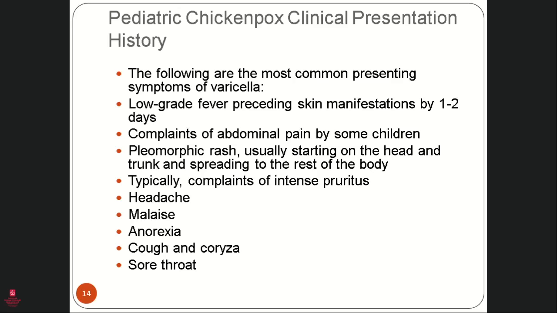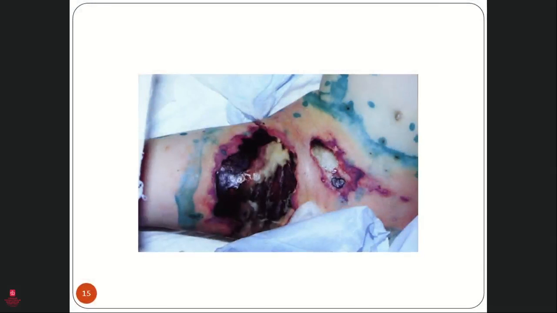Children typically complain of intense pruritus, headache, malaise, anorexia, cough and coryza or sore throat. Children with eczema or dermatitis may have severe skin manifestation during varicella.